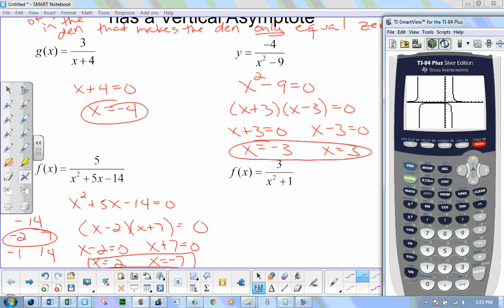In fact, I do. Verified by hitting trace, 2 is getting no output for that input, and again, trace -7, getting no output for that input.